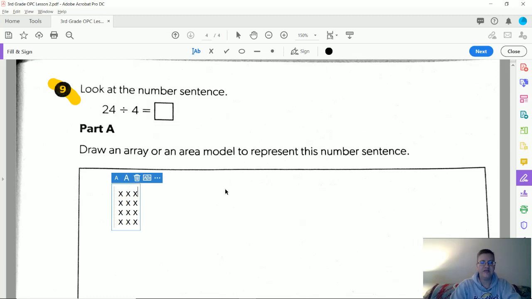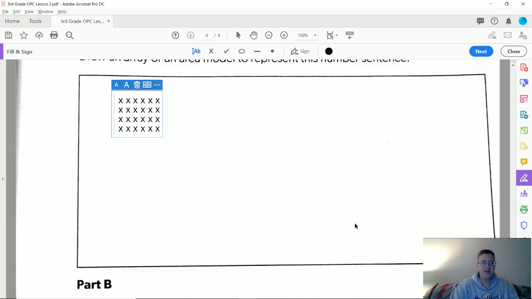Currently have 12. That's going to be half of my total number. So if I'm using my strategy to double, I would already know at this point that I should expect to have 6 objects in each row when I'm done. And I now have 4 rows of 6, which gives me 24.